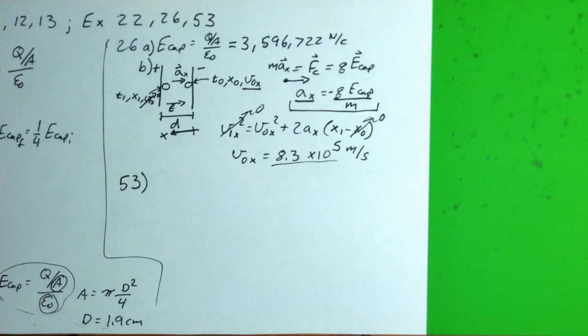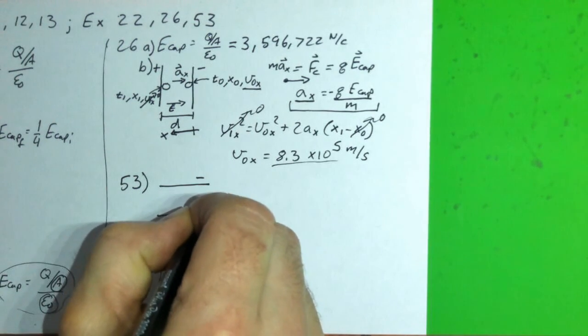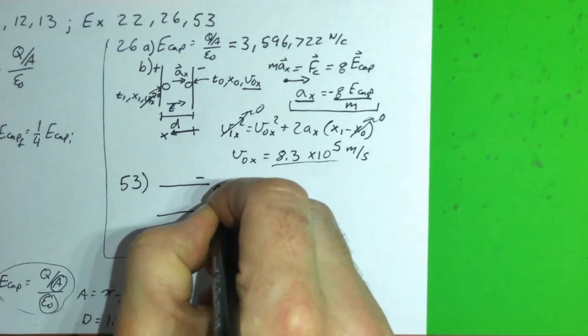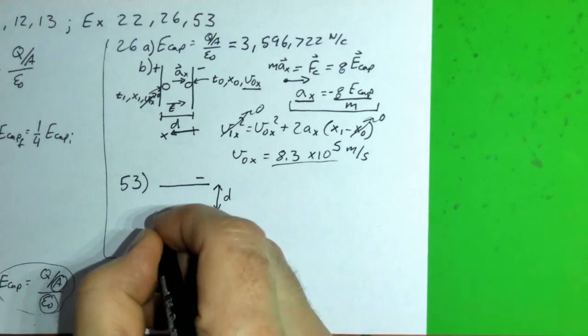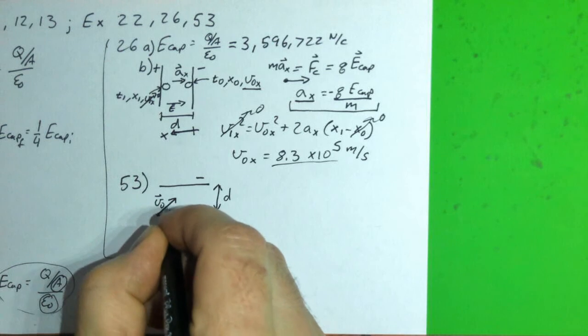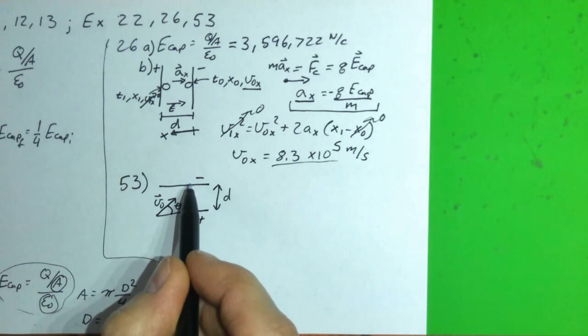We have a negative plate, a positive plate, a gap, and a particle that is launched with an initial speed at an initial angle. The question is, what is the maximum initial speed the electron can have without hitting the negative plate?